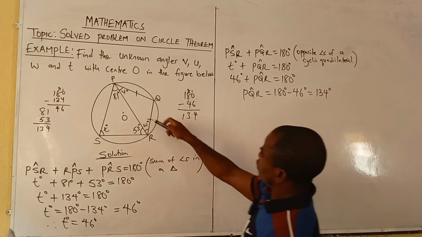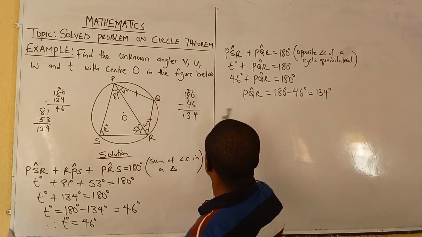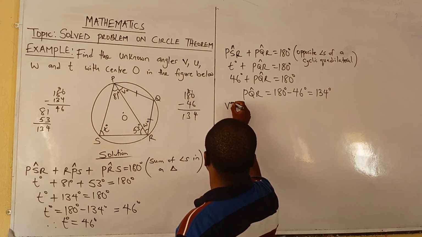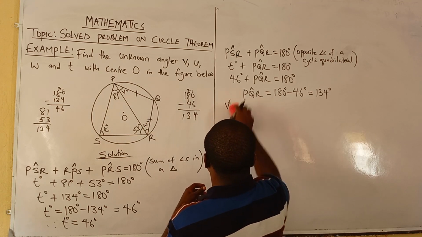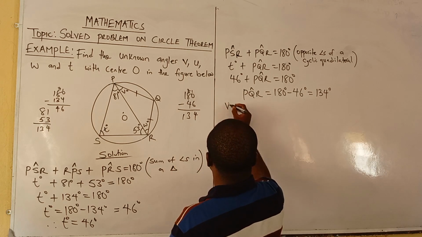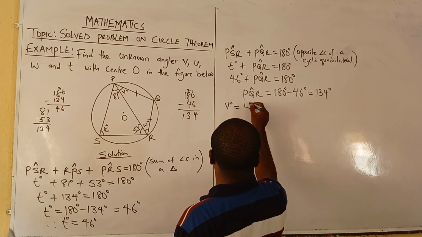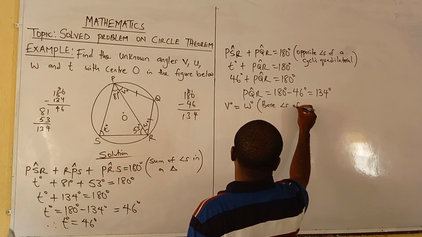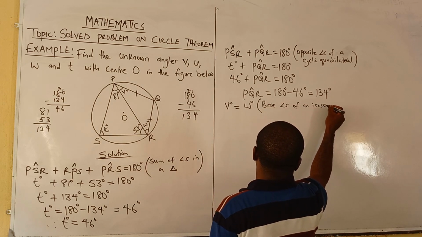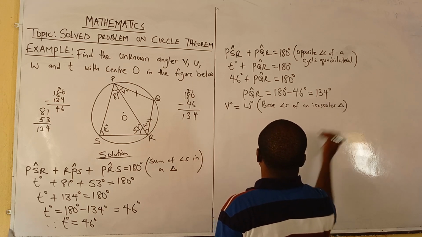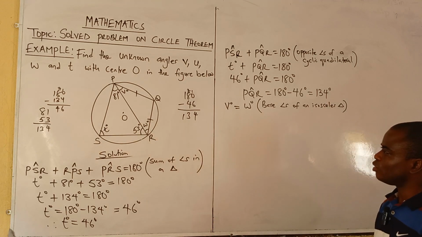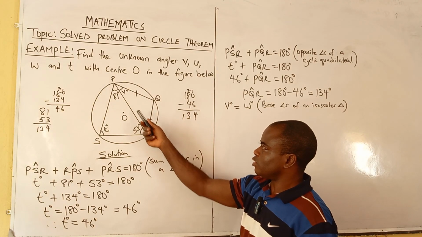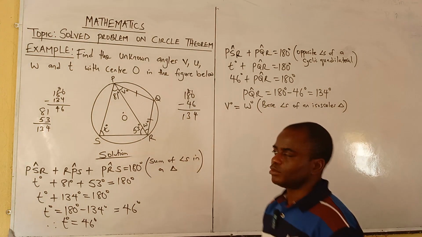And let's say this is a triangle. Now say V degrees equals W degrees. What is the reason? Base angles of an isosceles triangle. Because this is an isosceles triangle, the two sides of the triangle are equal.